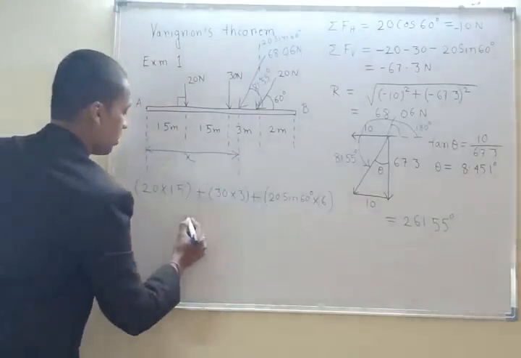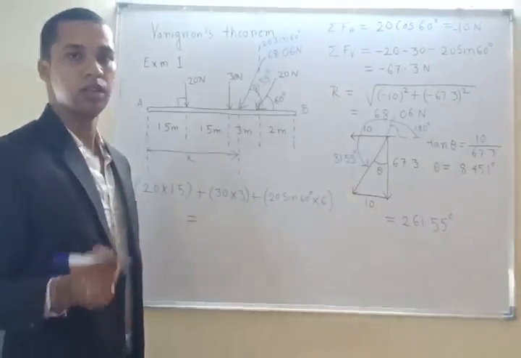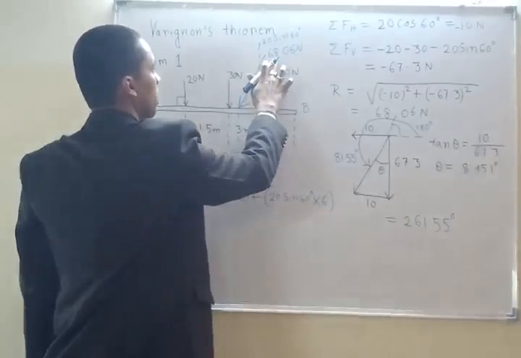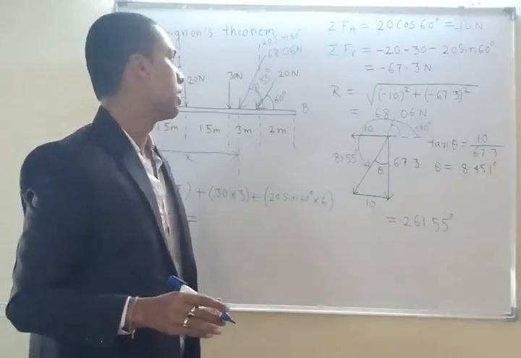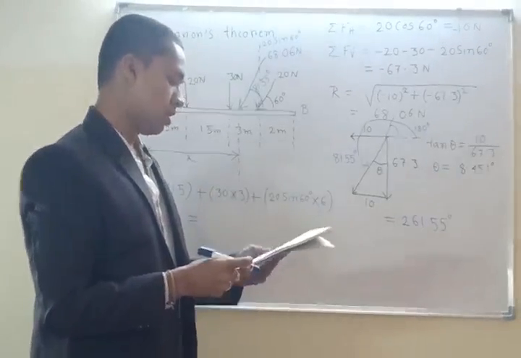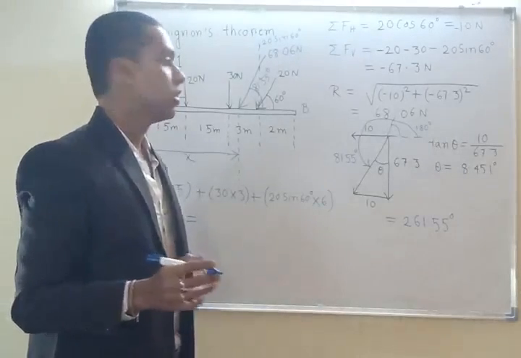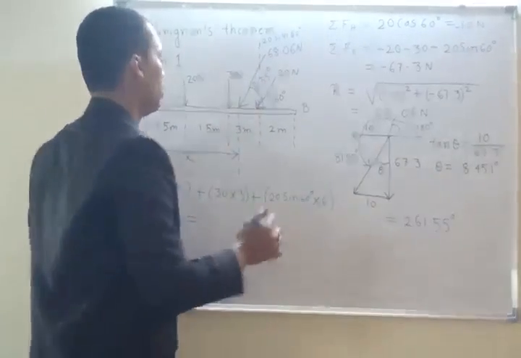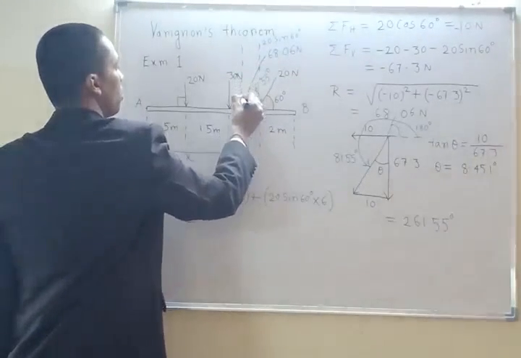Okay, and that should be equal to the resultant multiplied by the distance. We know the resultant is 68.06 Newton, but we cannot take it directly. Why? Because this force is also not perpendicular to the surface. So we'll have to take again the sine component of this force.